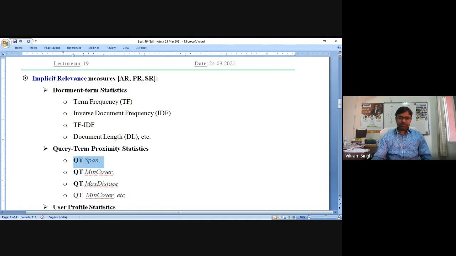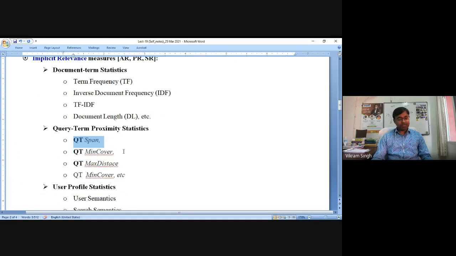In the very first measure, we consider the position of the user query within the document. Any document is basically a set of text, text articles. Suppose a user query has two terms. The position of these query terms within the document will also have some effect. So one measure we proposed is span.